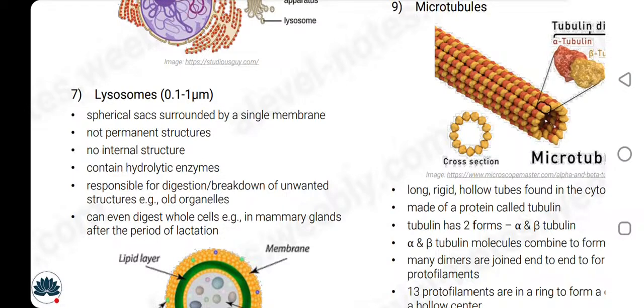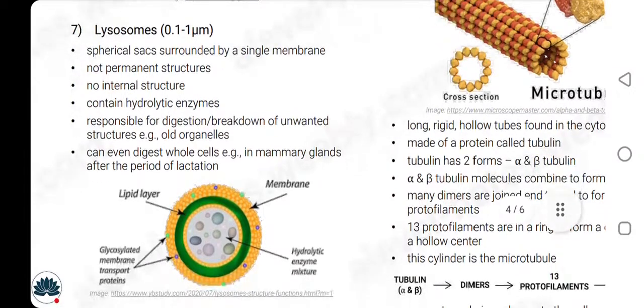They contain hydrolytic enzymes responsible for digestion and breakdown of unwanted structures such as old organelles, and can even digest whole cells, such as in mammary glands after a period of lactation.